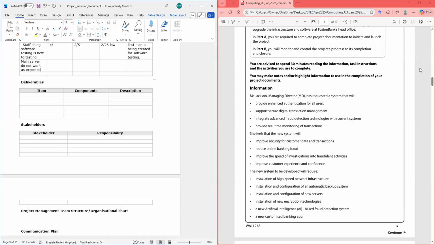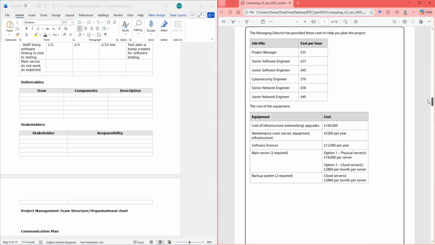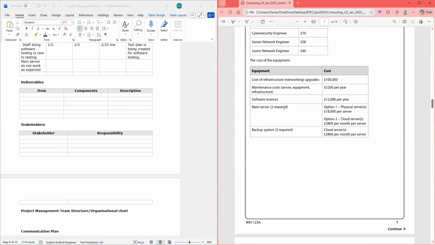Because we do have servers here. Remember, I'm using my physical server. Main servers do not work as expected. What's the chance of that happening? I'm just going to give it a 2 out of 5, right? Impact is great. I'm going to give it a 4 out of 5. All right. So 2 fours is 8 out of 5 fives is 25.